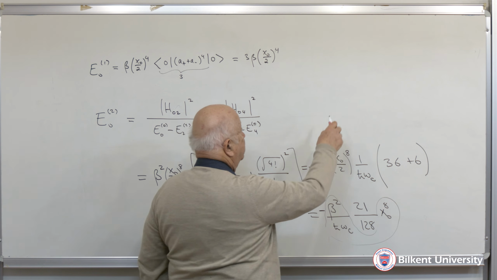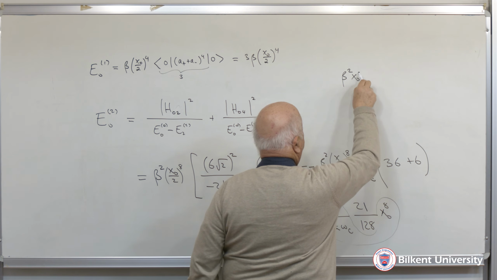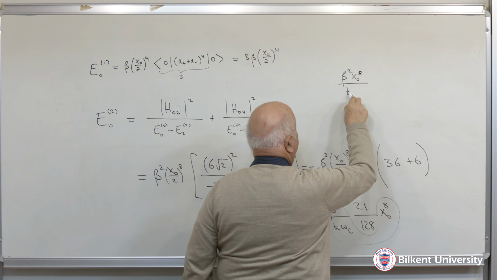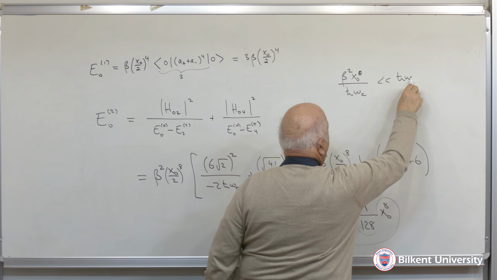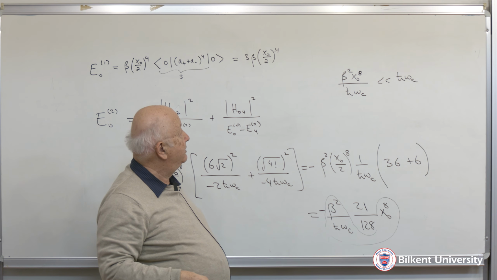So we are assuming that this beta squared x0 to the 8 divided by h bar omega c is much less than h bar omega c, the energy levels at various places.